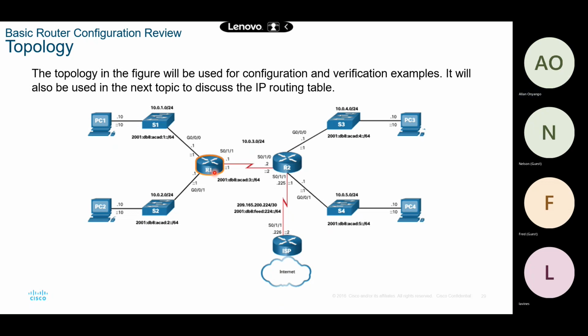Now, it is important to note that for router R1 to reach the LAN where switch S3 is, router R1 must go through R2.